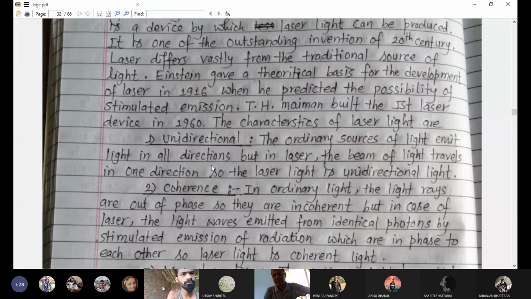But in laser, the beam of light travels in one direction. That means the light which is emitted from the laser travels in one direction. So you can say that laser light is highly unidirectional compared to ordinary light. This is one difference between ordinary light and laser light.